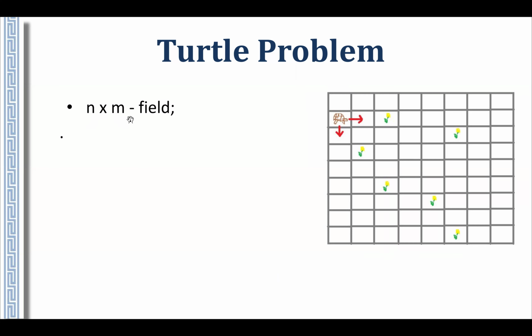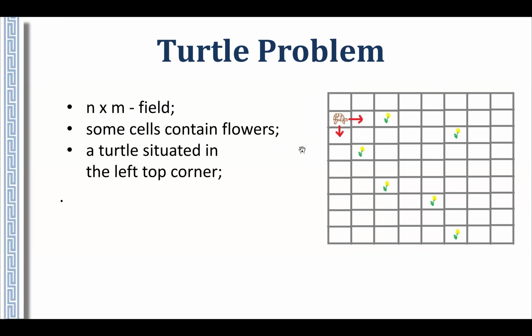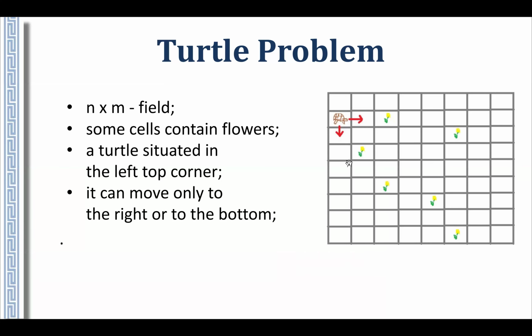We have an n times n rectangular field such that on some positions of this field, some cells, we have flowers, and there is a turtle on the left top corner of this field, and this turtle can move only to the right or down.